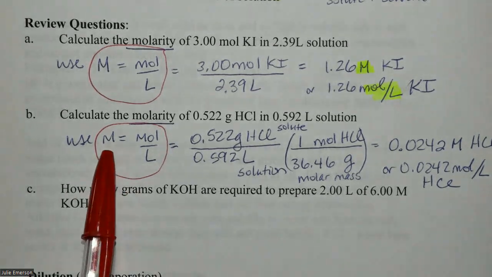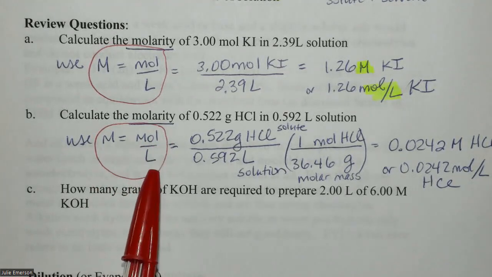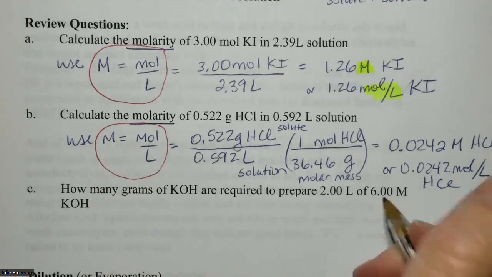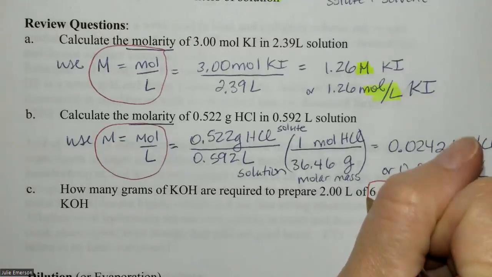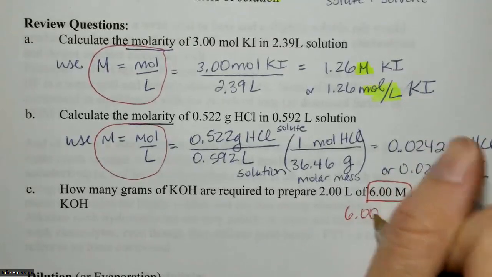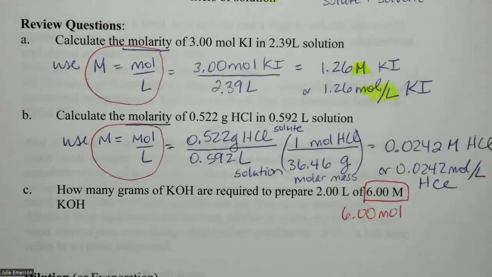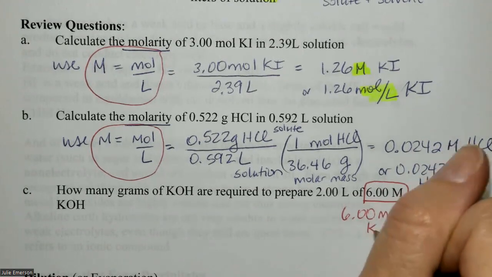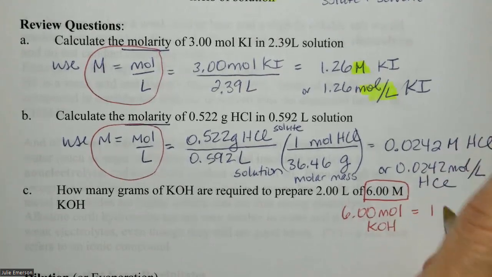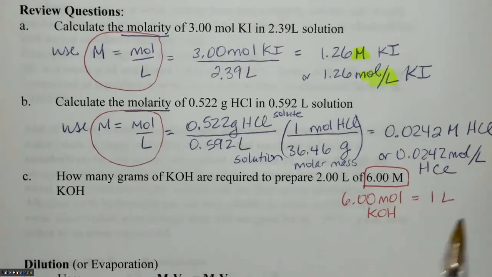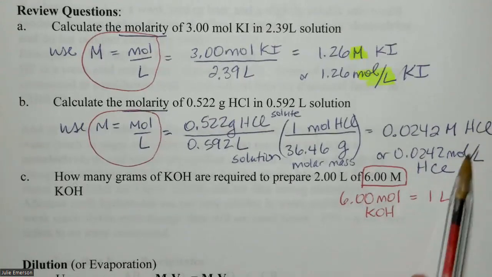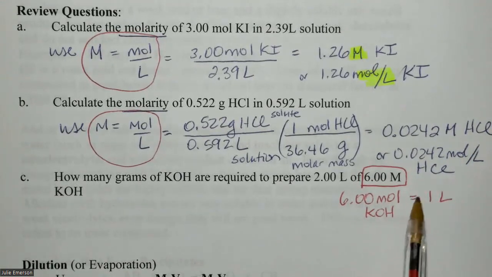If I want to find the molarity, I'm going to take moles divided by liters. But if molarity is given to you, then it's going to work as a conversion factor. And remember that the 6.00 capital M really stands for the moles of the solute per liter of solution. And remember that per is an equivalence line, so it equals.